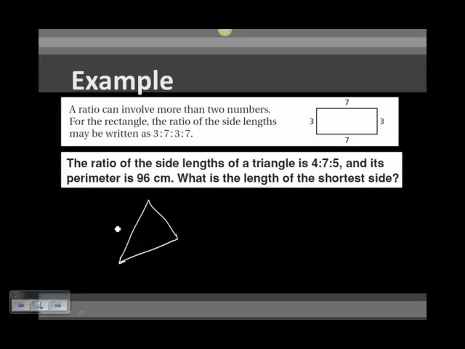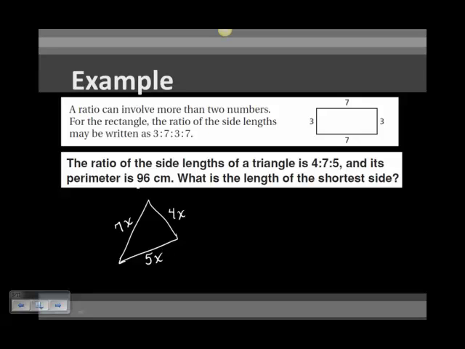So what we would do is take our triangle and say, okay, let this side be 7x, because it's some multiple of 7. Let this side be 4x, and let this side be 5x, because all of those variations would have that same side length ratio.